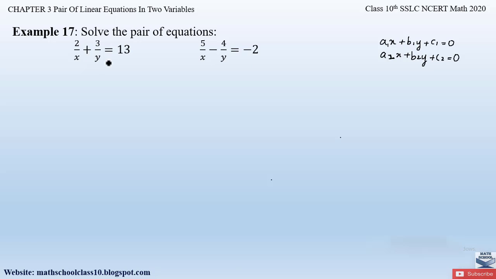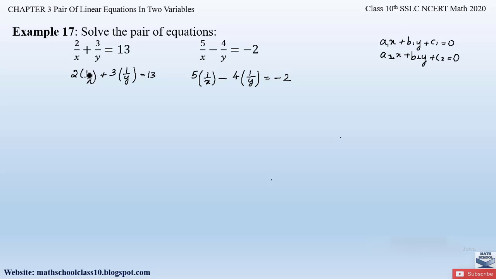So now let us do some substitutions here to bring these two equations into the standard form of linear equations. Equation 1 can also be written as 2 into 1 by x plus 3 into 1 by y equal to 13. Similarly, the second equation can be written as 5 into 1 by x minus 4 into 1 by y equal to minus 2.